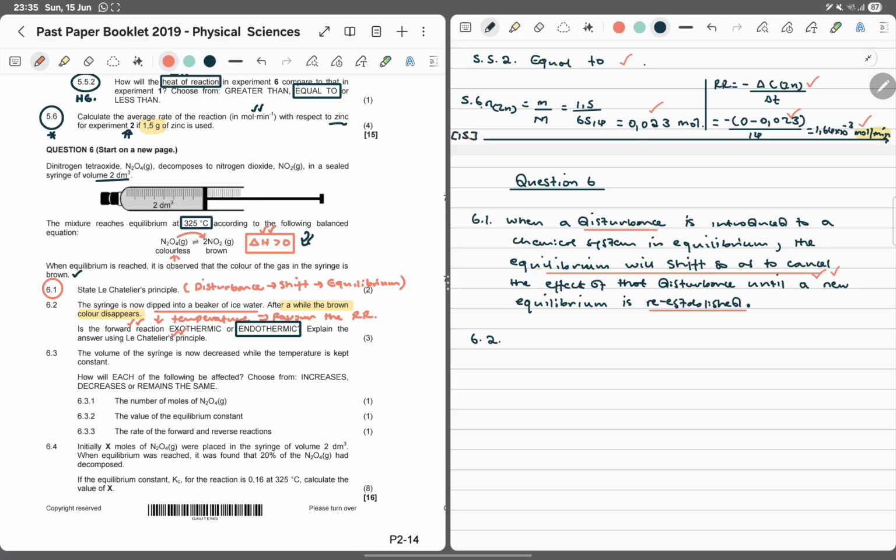So it says, what is it? We said it is endothermic. Right? Endothermic. Now, what is the argument? The argument here is, number 1, we saw that a decrease in the temperature favored the reverse reaction.